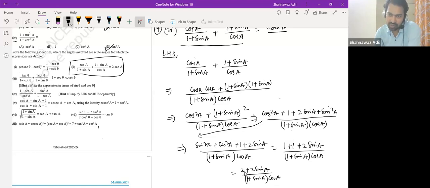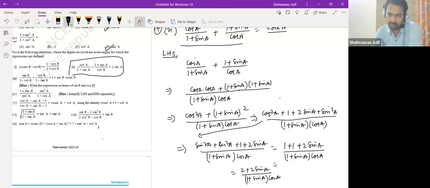So what can we do here in the numerator? We can divide it by 2 sin A? No. So this 2 is there, right? In both the terms, 2 is there.